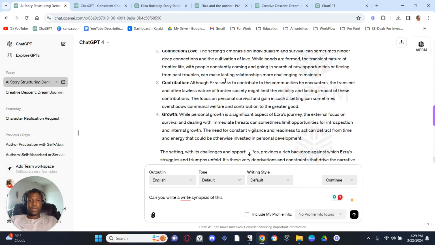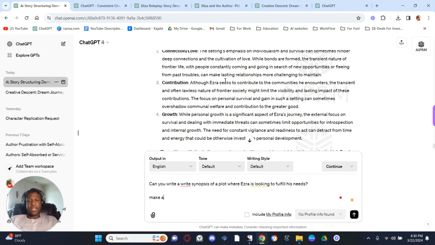So, can you write a synopsis of a plot where Ezra is looking to fulfill his needs? That's it. That's the question. Make a plot based on, and you can do whatever you want, you just want it to summarize. You can make a plot based on, let's do a simple three-act structure.